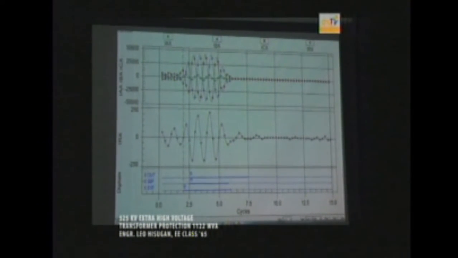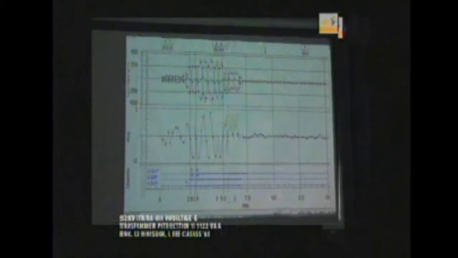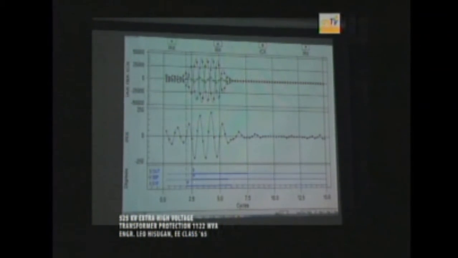So this is your A phase current here, B phase current, and the C phase current. I can see blue, I can see red. So from 2.5 cycles to 5 cycles here, this is where my trip comes up, and I'm looking at my 50 instantaneous device going high, and my 51P device, your time overcurrent, picking up.